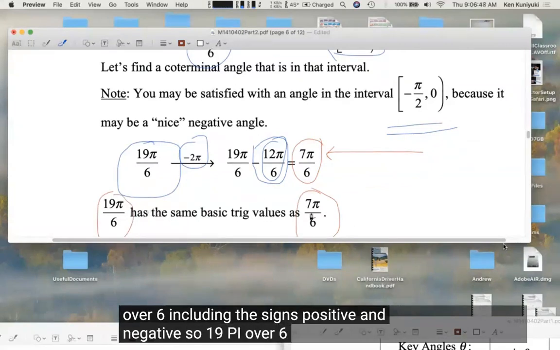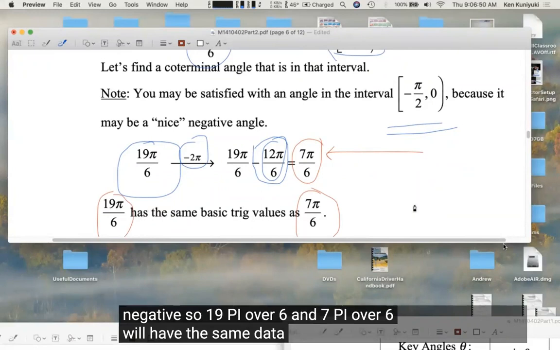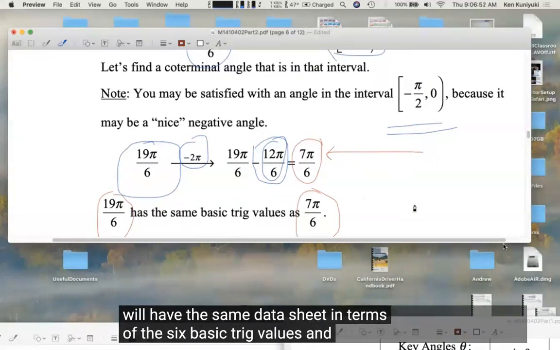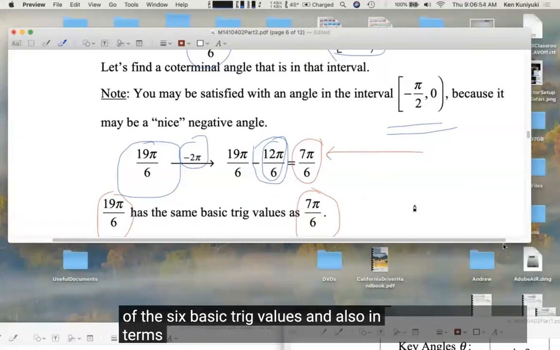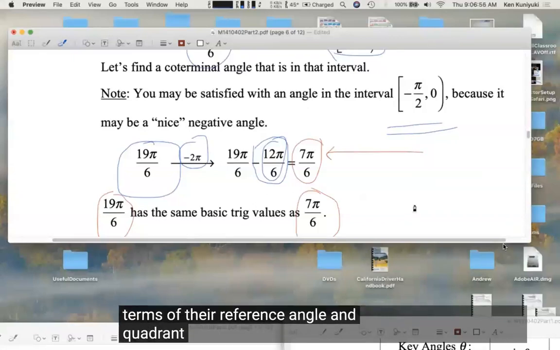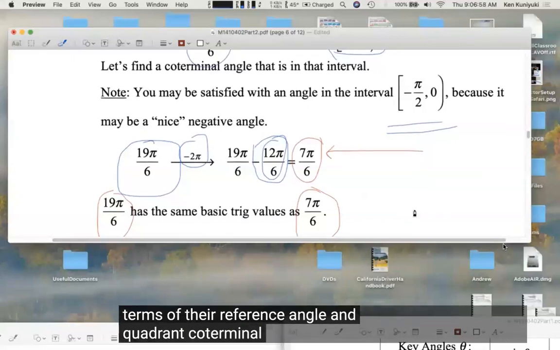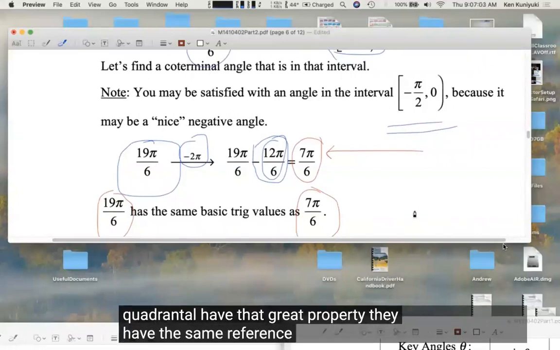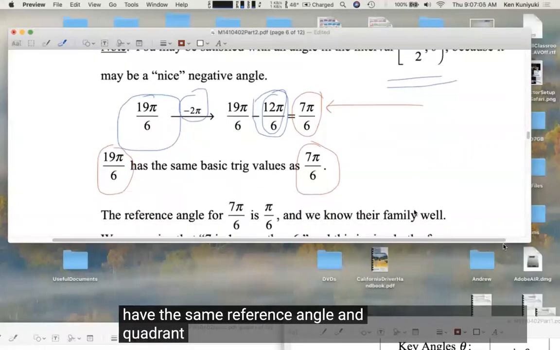So 19 pi over 6 and 7 pi over 6 will have the same data sheet in terms of the 6 basic trig values and also in terms of their reference angle and quadrant. Coterminal angles that aren't quadrantal have that great property. They have the same reference angle and quadrant.